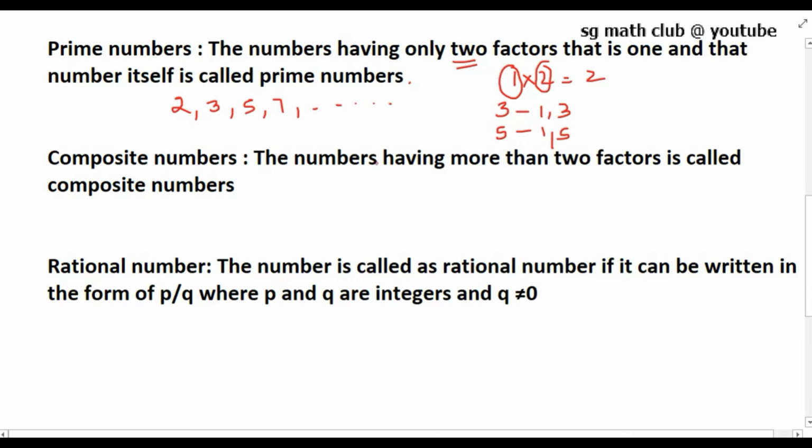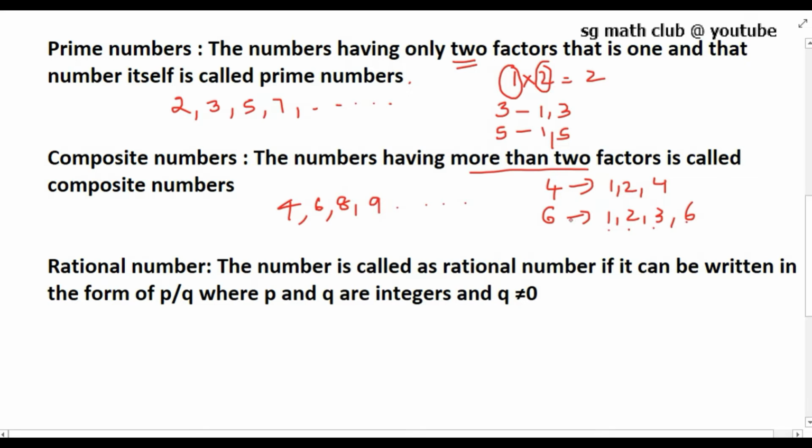Next is composite numbers. Numbers having more than two factors are called composite numbers. The first composite number is 4. The second one is 6. Then 8, 9. All these are composite numbers. 4 has more than two factors, for example, 1, 2 and 4. 2 twos are 4, 1 four is 4. In the same way 6 has 1, 2, 3, 6. 1 six is 6, 2 threes are 6.